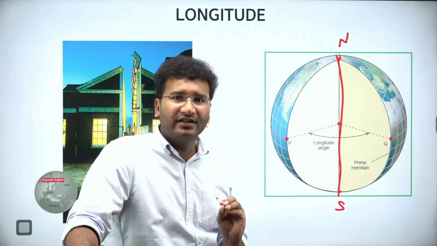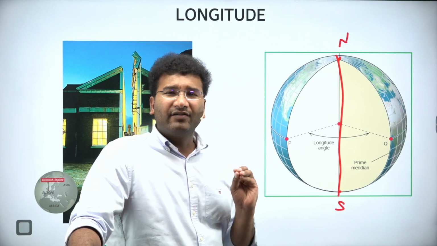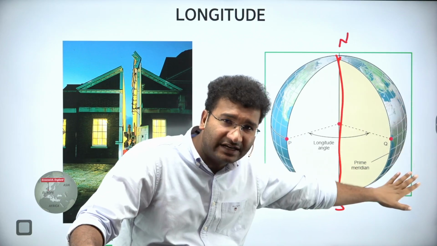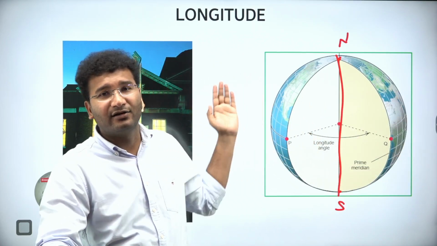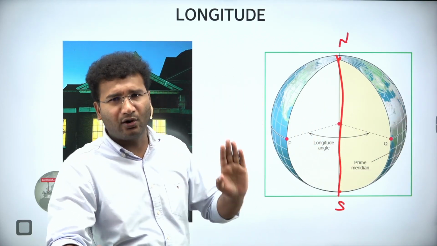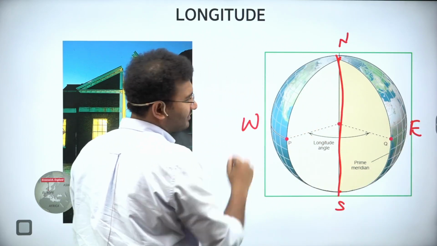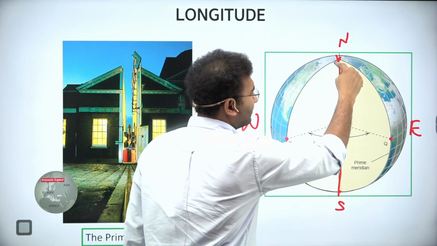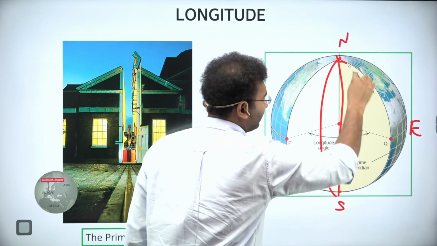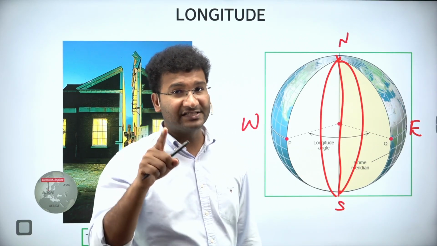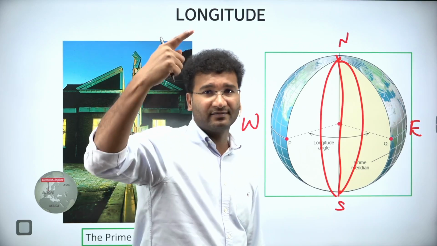Like this, what they have done is they have drawn 180 longitudes on the eastern side, 180 longitudes on the western side. As you all know, this is the eastern side and this is the western side. Likewise, lines which are joining the North Pole and the South Pole, which are semicircles, they are semicircles, not full circles, right?